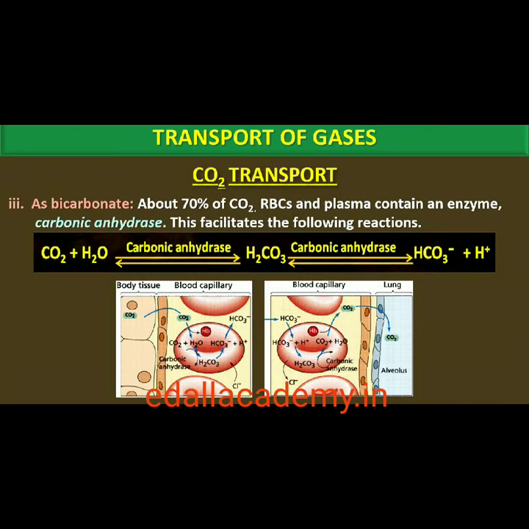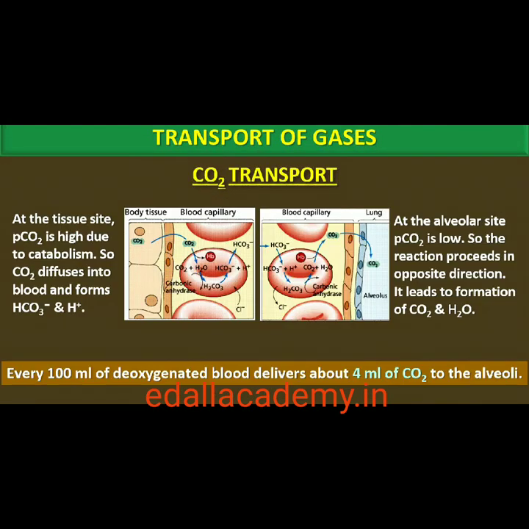RBCs contain a very high concentration of the enzyme carbonic anhydrase, and minute quantities of the same is present in the plasma too. This enzyme facilitates the reaction in both directions. At the tissue site where partial pressure of CO2 is high due to catabolism, CO2 diffuses into blood, RBCs and plasma, and forms HCO3- and H+.